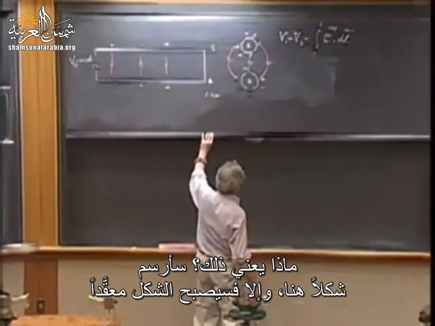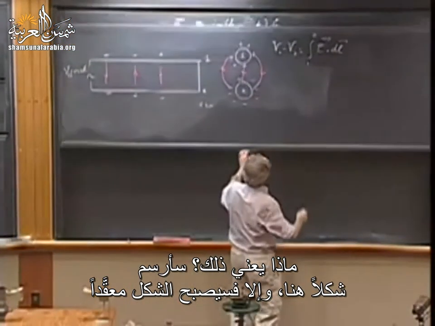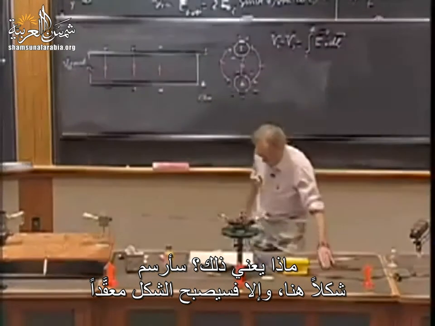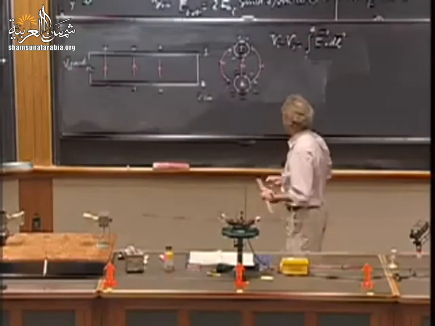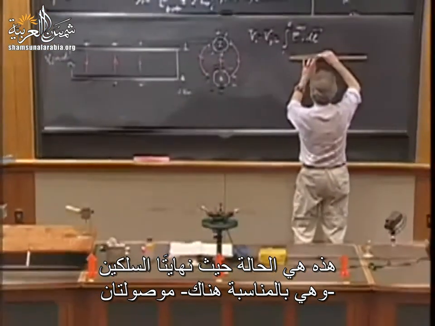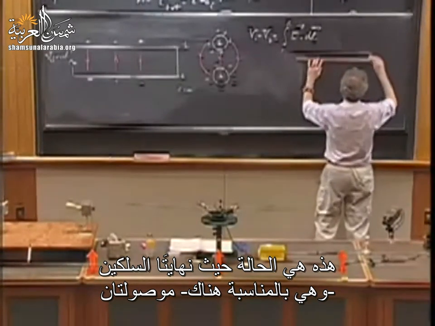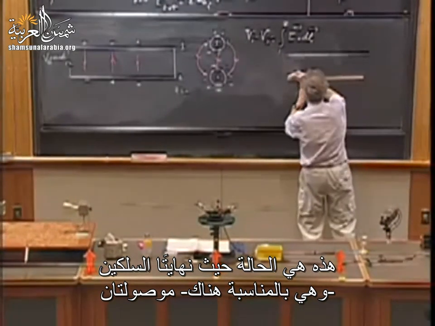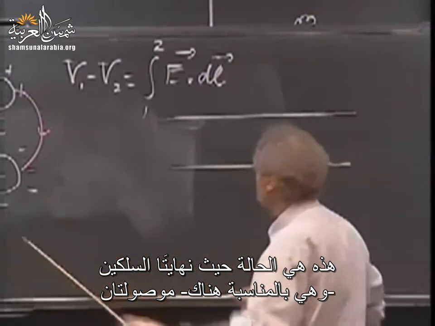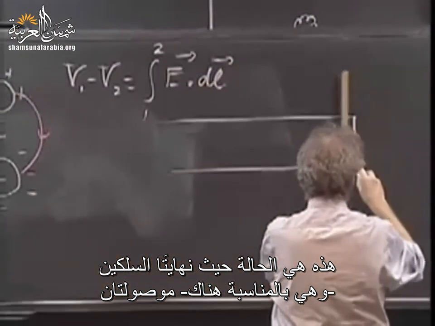And what does that mean? I'm going to make a drawing here. Otherwise my figure becomes too cluttered. And so here is the situation that the end of the lines, which by the way is there, that the end is shorted out.